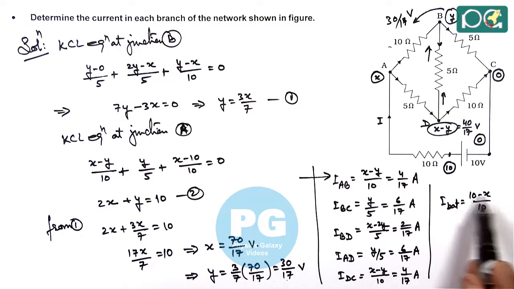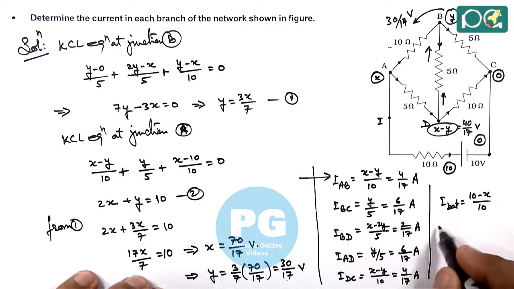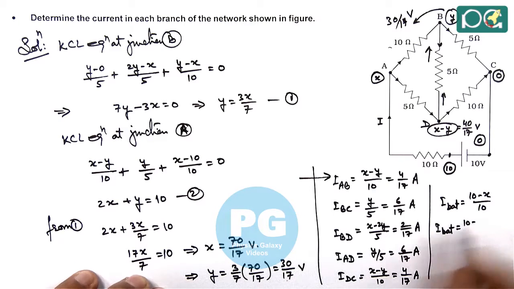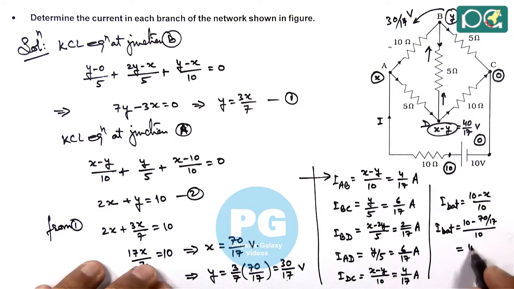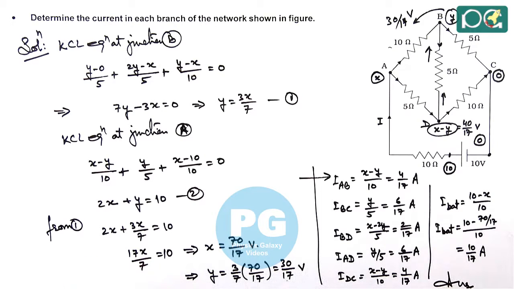So 10 minus 70 by 17, that is 170 minus 70, which is 100 by 17, divided by 10. So the value we get is 10 by 17 ampere. These are all the results for this problem: the current through all the branches of the network shown here.